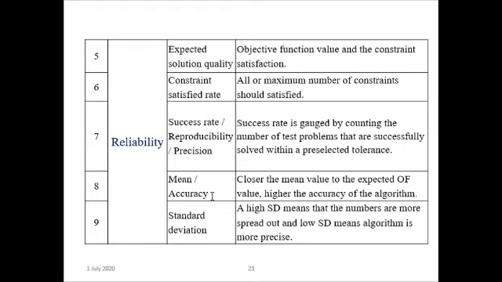Mean or accuracy: the closer the mean value is to the expected objective function value, the higher the accuracy of the algorithm. Standard deviation: a higher standard deviation means the objective function values obtained from the algorithm are spread over a wide range, so it is not giving a consistent answer, whereas a low standard deviation means the algorithm is more precise.